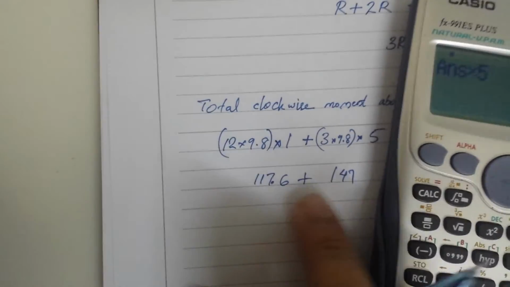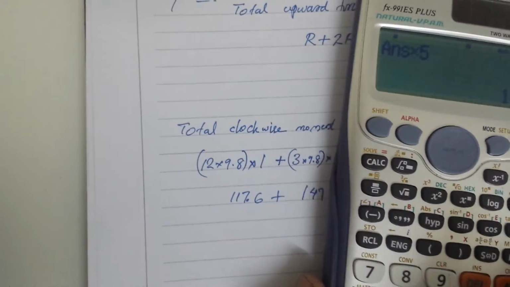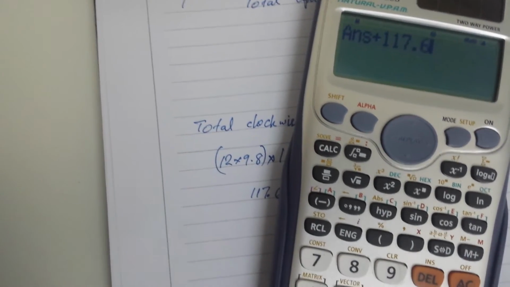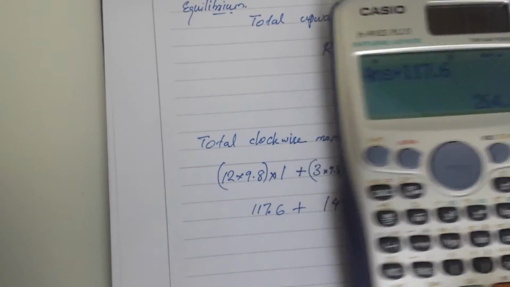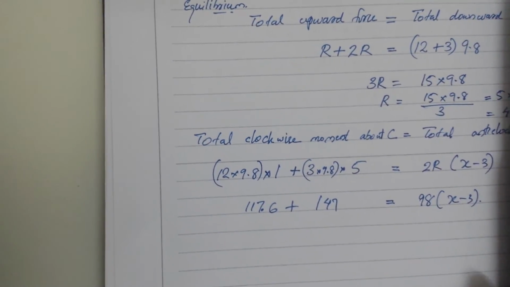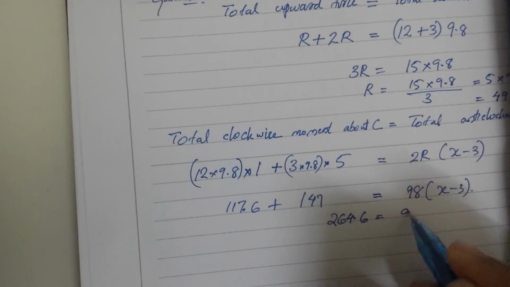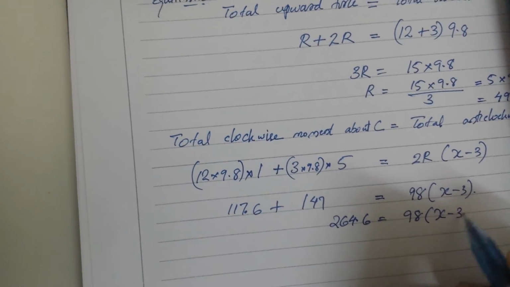So adding the left side values 147 and 117.6, we get 264.6. So 264.6 is equal to 98 into (x minus 3).